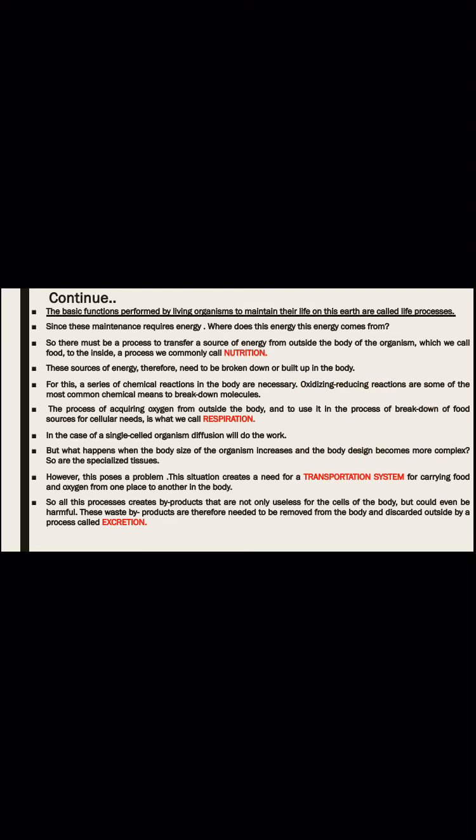Those basic processes, the maintenance job inside our body, are termed the life processes. Right? So the processes which together perform the maintenance job in order to sustain life are termed life processes.